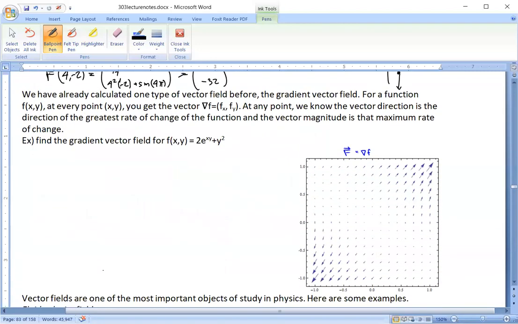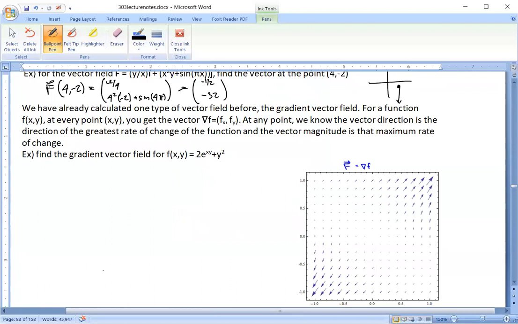Just as a reminder, for this function, let's figure out what the gradient vector field would be. Our vector field, big F, is just the gradient of function f.